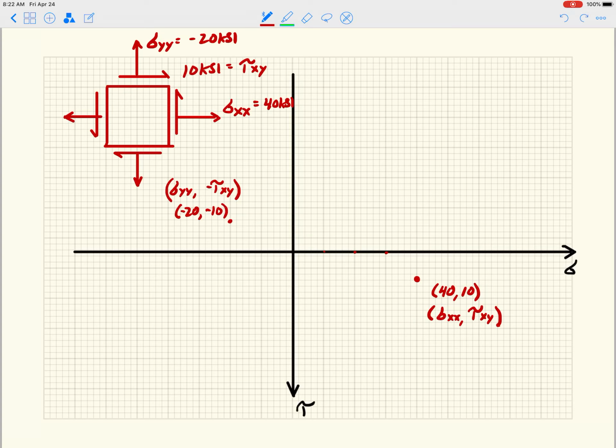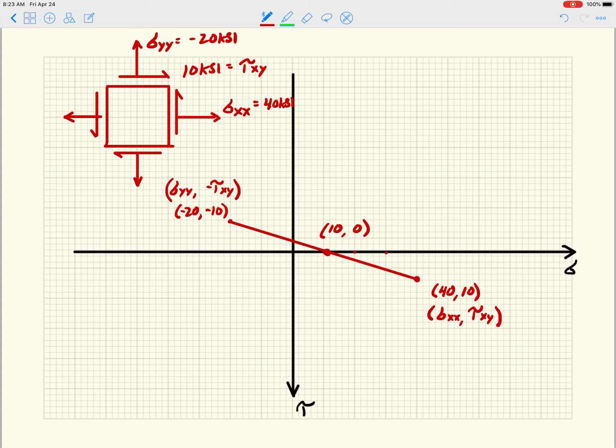Right? So here I can then draw a straight line. Okay, well, let me do that again. Draw a straight line here, right? And that's going to cross right here, which in this case ends up being 10 comma 0, right? Now, why is it 10 comma 0? That's my sigma average, right?